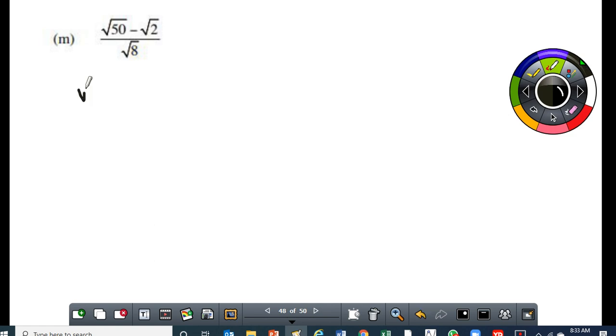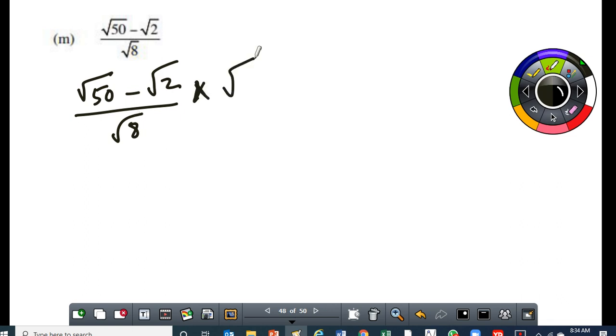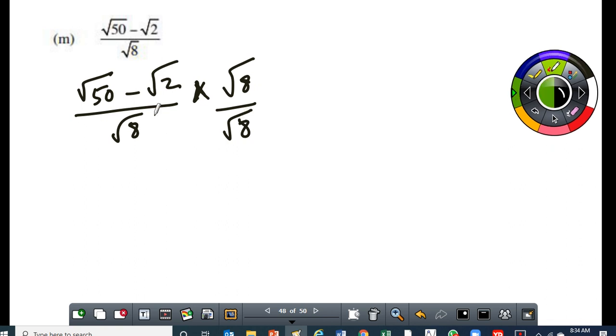So, that's square root of 50 minus square root of 2 over square root of 8. We can simplify it by multiplying the numerator by square root of 8 and the denominator by square root of 8. We are multiplying by this denominator so that we can create an integer.